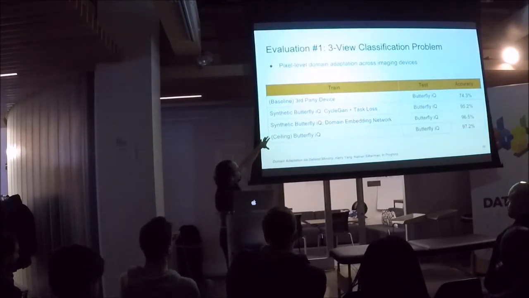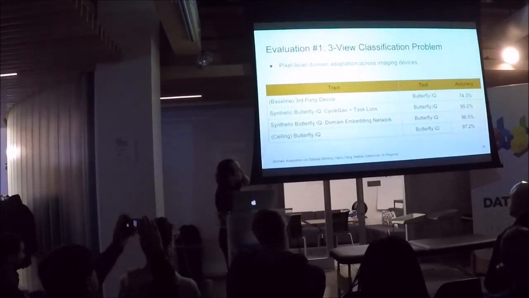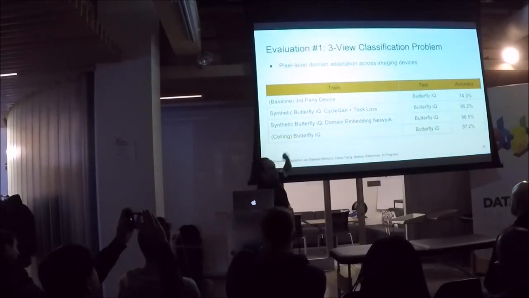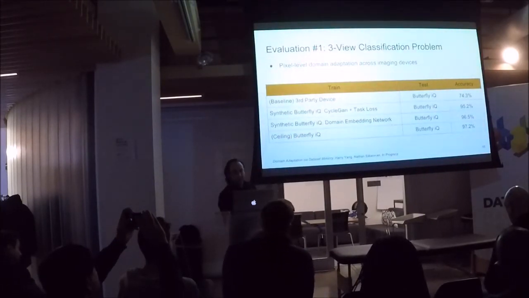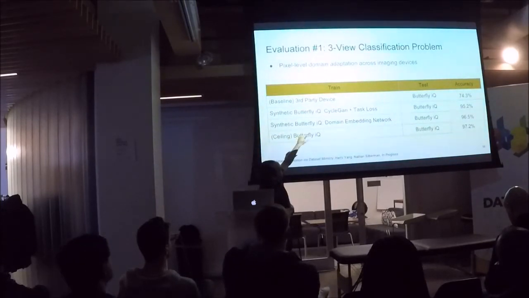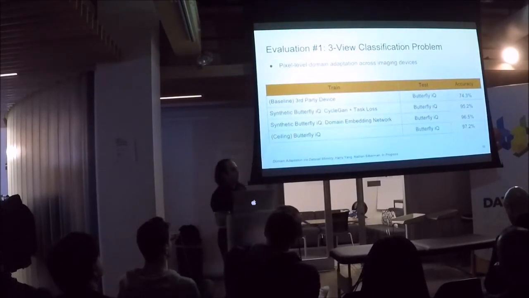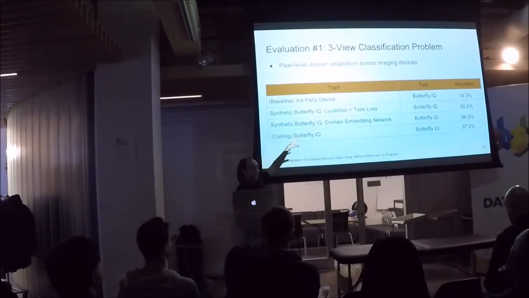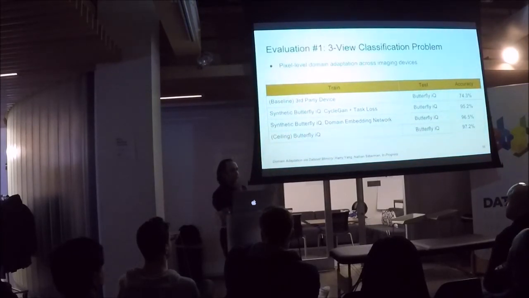The second thing we did was take that CycleGAN and task loss idea and train it to map from the source to target images, and that got about 95% accuracy. Our domain embedding network gets about 1% better than that. There's still a little bit of room to go, but we're really happy. The domain embedding network is really easy to train. There's no fiddling with tons of parameters, and the code is very straightforward. So that was a big win for us.